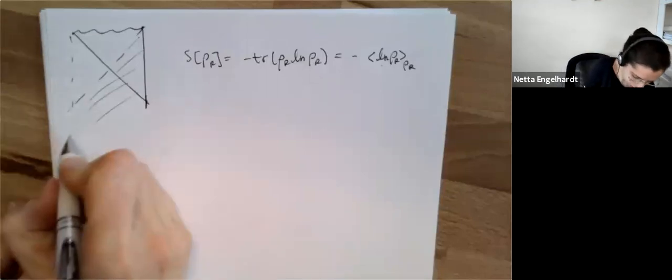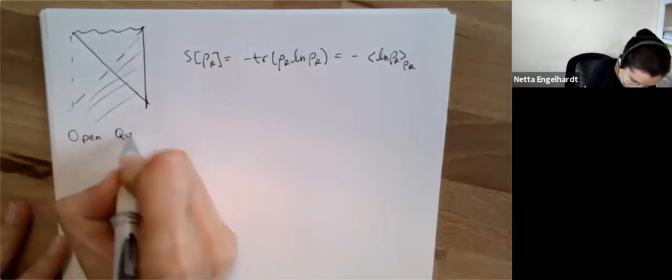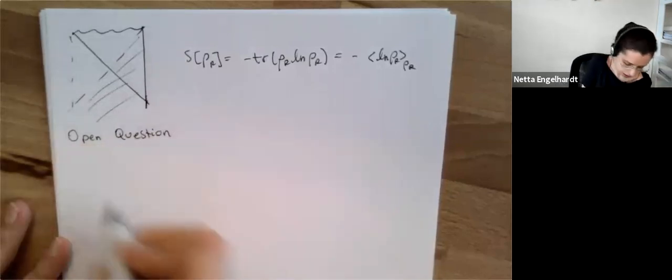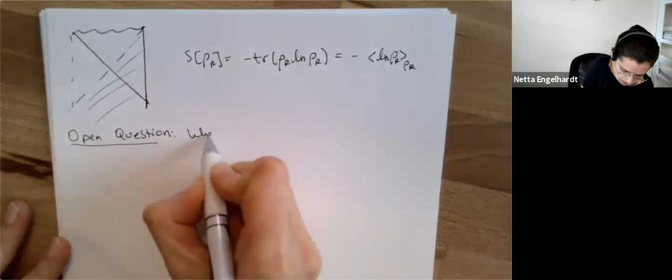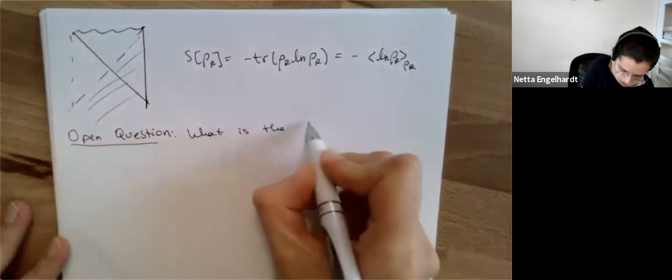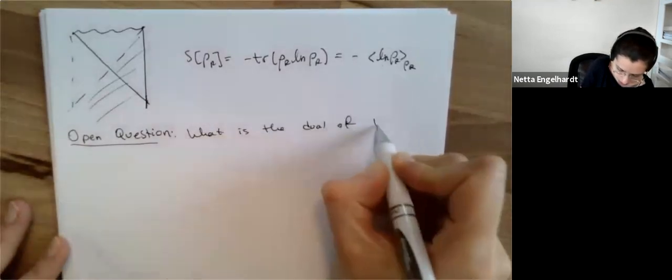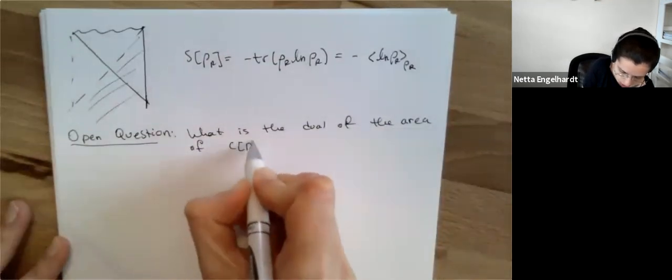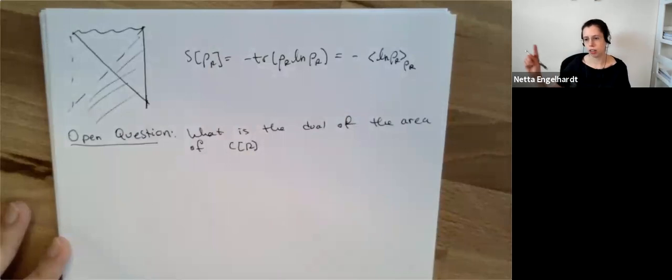So an open question for any of you to think about is what is the dual specifically of the area of what we call the causal surface, which is the rim, the edge of the causal wedge?